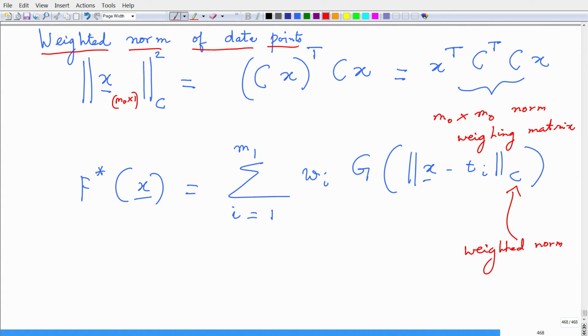Okay. So, if I weigh the data points, I get a weighted norm, and my approximating function can be expressed in terms of the weighted norm of the data points, and the Green's function will have the weighted norm of the data points instead of just the norm of the data point, right. So, this is one example.